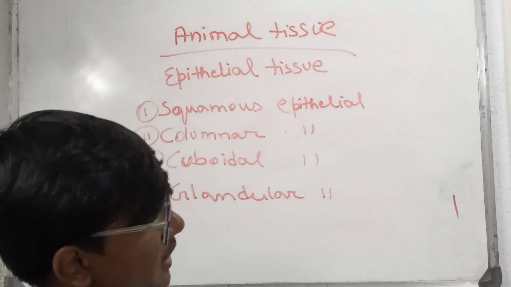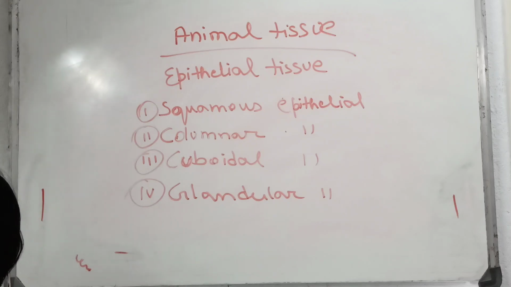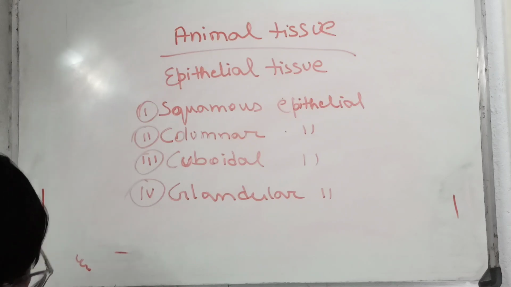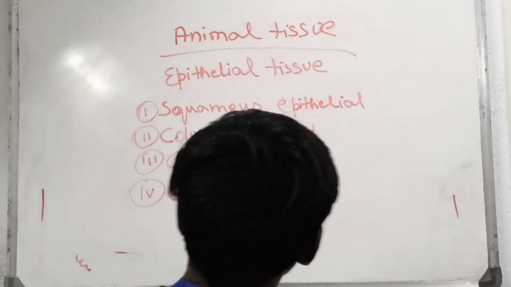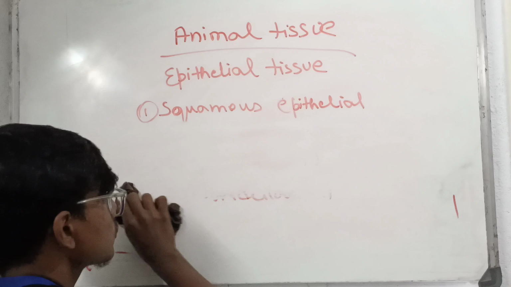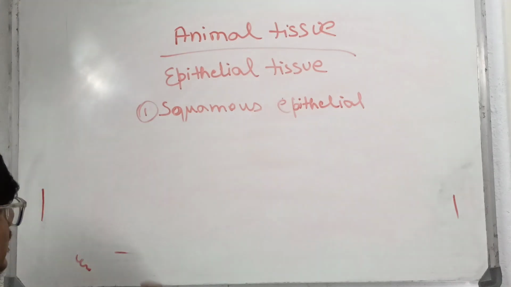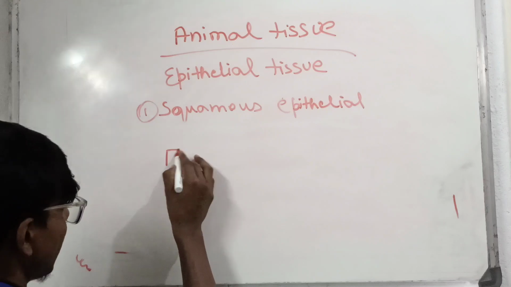First is the squamous epithelial. So what exactly is squamous epithelial? Squamous epithelial or simple squamous epithelial cells are thin and flat in nature. The cells of this squamous epithelial will be flat.